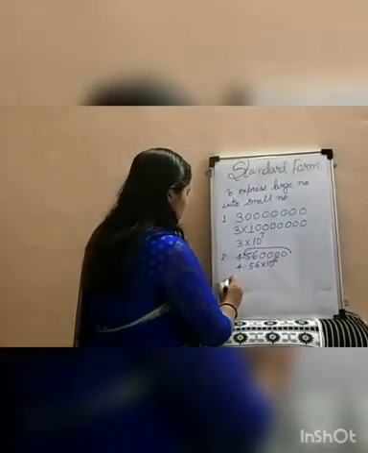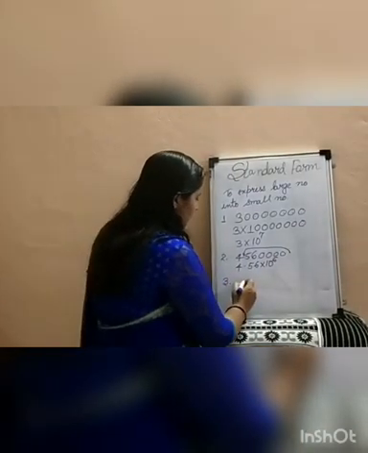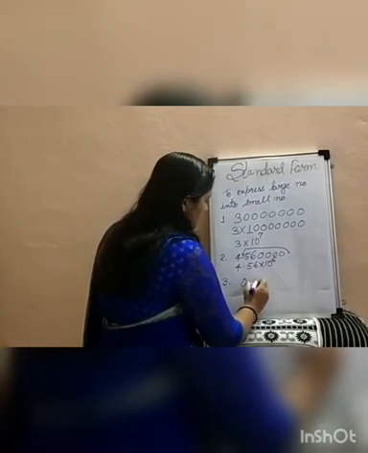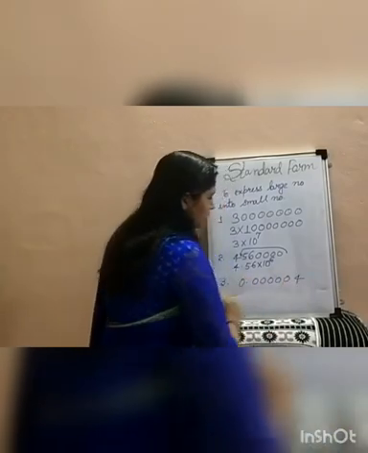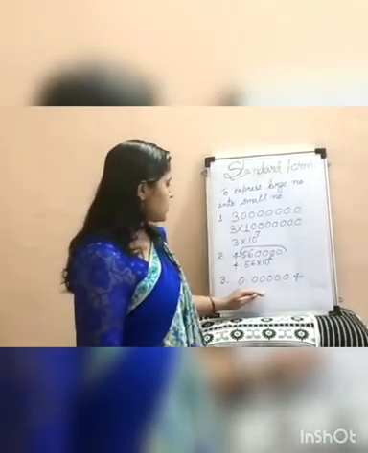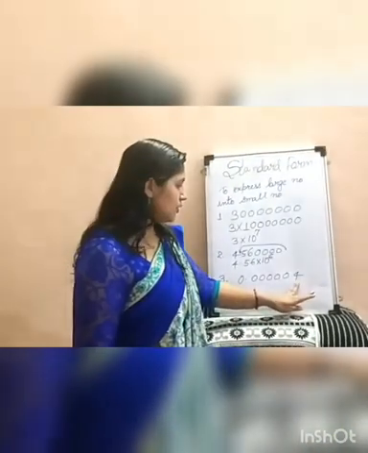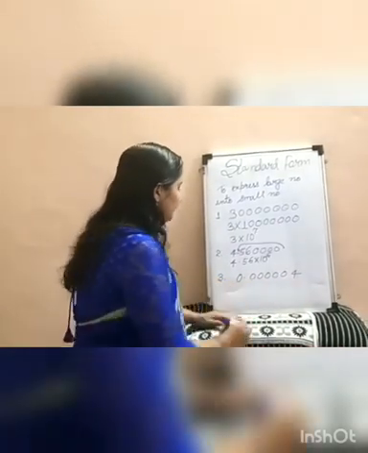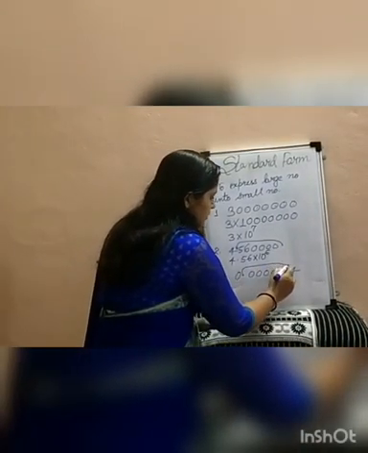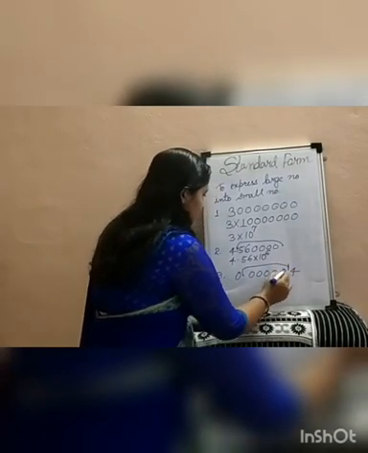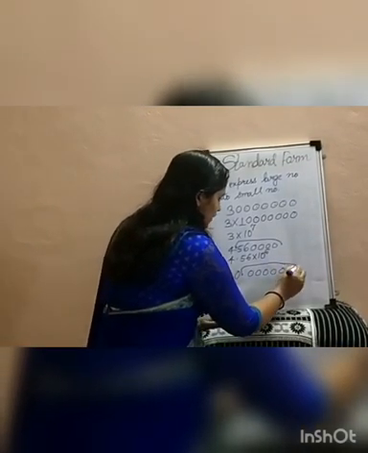Now our third example is, if we have 0.000004. Which number is here? 4. The number is 4 here. So we are going to transfer the decimal here.